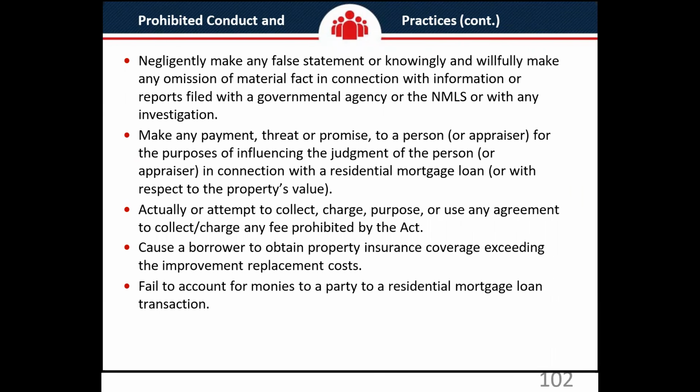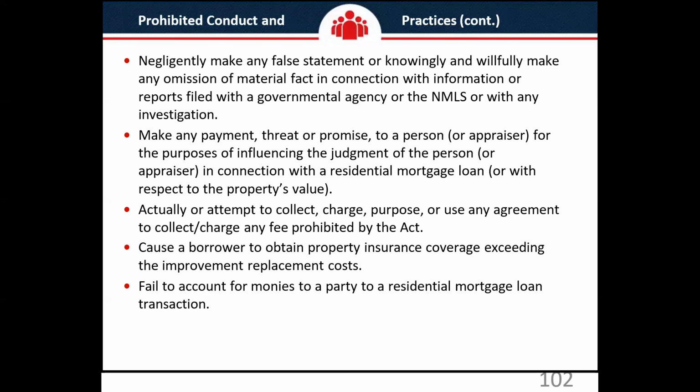You cannot actually or attempt to collect, charge, or use any agreement to collect or charge any fee prohibited by the SAFE Act. Do not cause a borrower to get property insurance coverage exceeding the improvement and replacement costs, making sure that you're not having them get like a $1 million insurance policy when they only had a $200,000 to $300,000 property.